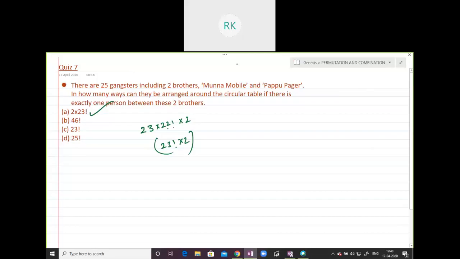There are 2 more; only one chapter is left, that is combination and the application of combination. 2 chapters basically, right? So we'll try this in the next session. I have another meeting on Zoom at 7:55. Now it is already 48.